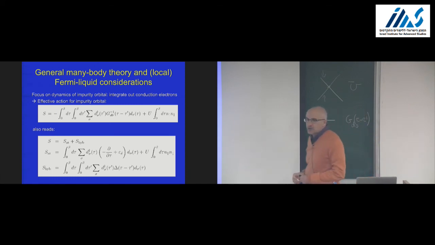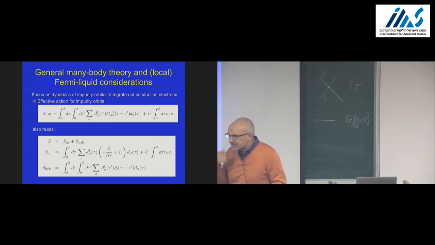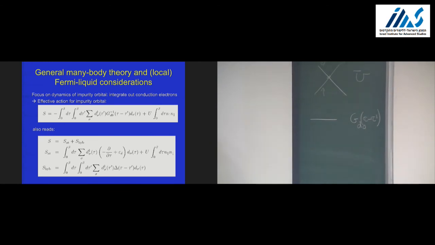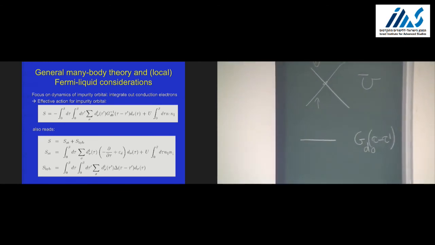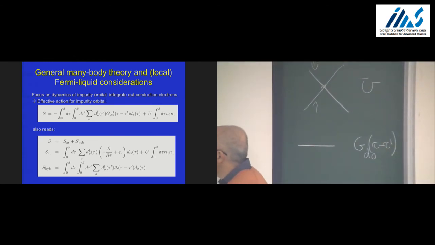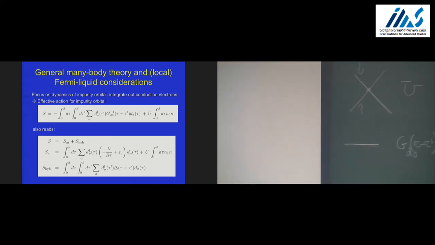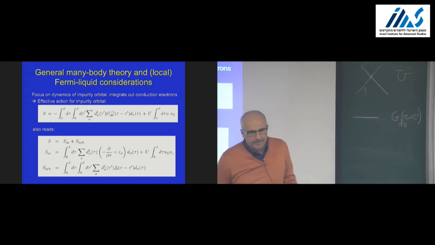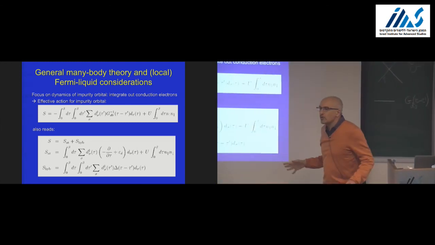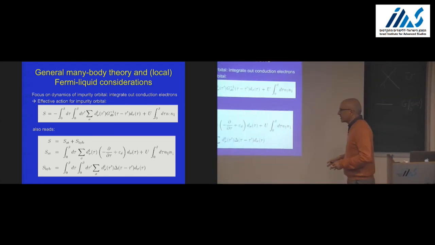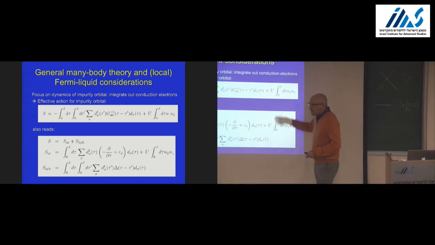The price I had to pay for integrating out the bath degrees of freedom is that this introduces retardation in this problem. So I have a many-body problem, which is zero-dimensional, but it's many-body all right. It has a local interaction, and it has a retarded propagator. Okay? Everything you know about many-body perturbation theory should apply, even in a simplest form, for this problem.